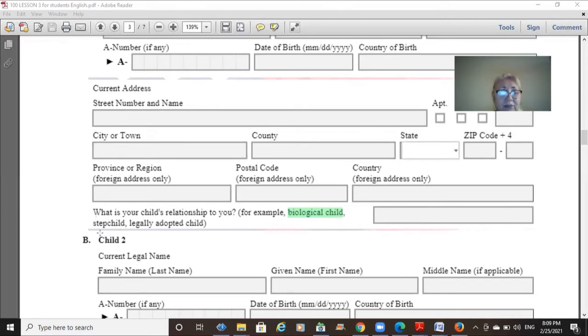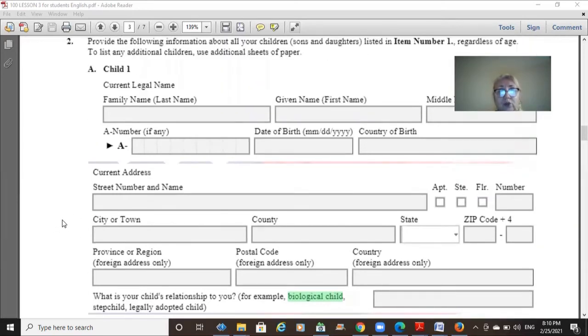If it's a stepchild, you will write stepchild. If it is a legally adopted child, that's what you will write in here. So that's the information you will need to provide for each one of your children.